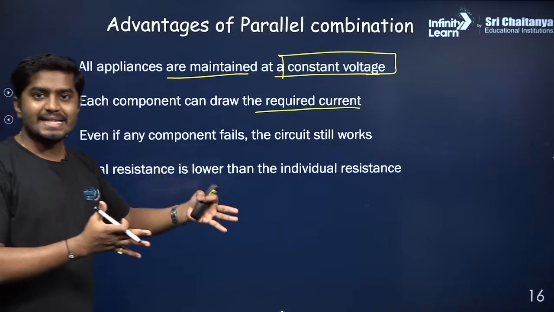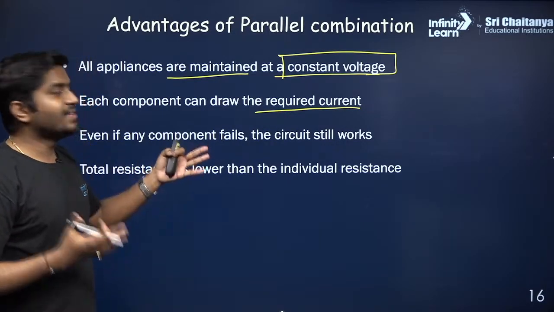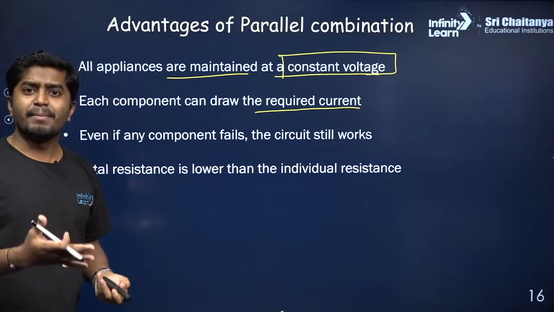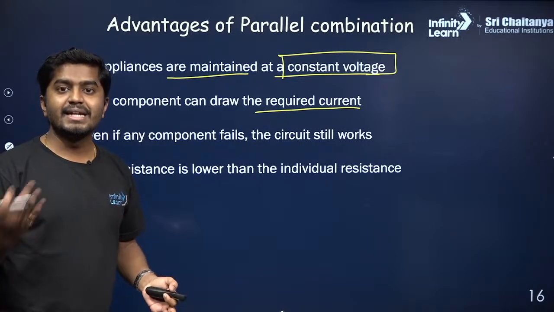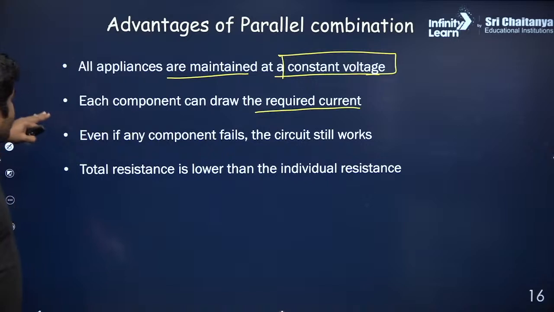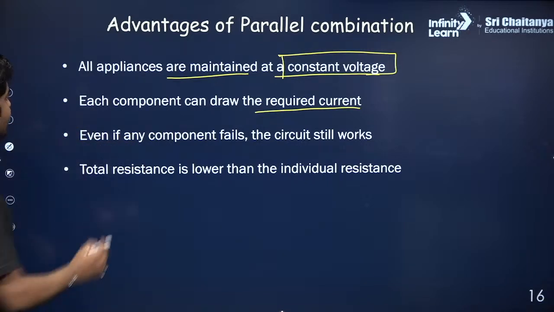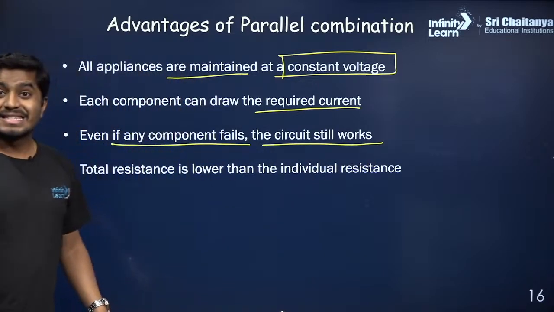Let's say an AC or a heater might need larger current, while a light bulb may not require that much current. We'll learn how much current is required in the heating effect on Saturday. Do join us, okay?